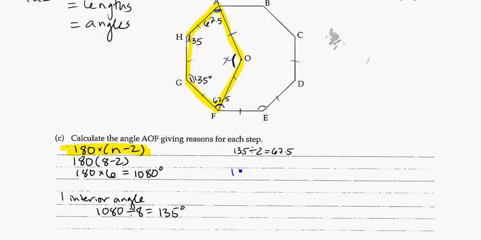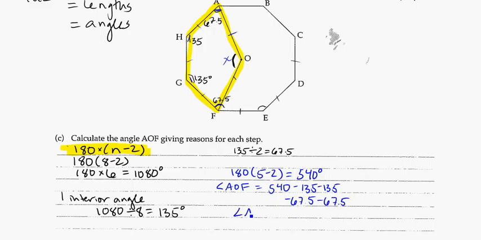So if I know how many total, 180 times 5 minus 2, that's going to be equal to 540 degrees. So in total I should have 540 degrees interior inside of this shape. And I know what I have, so I'll subtract those away. So angle AOF is going to be equal to 540 minus 135 minus 135 minus 67.5 minus 67.5.